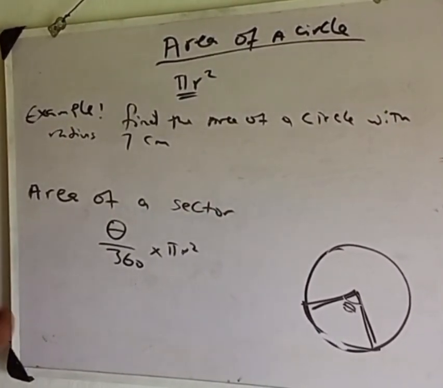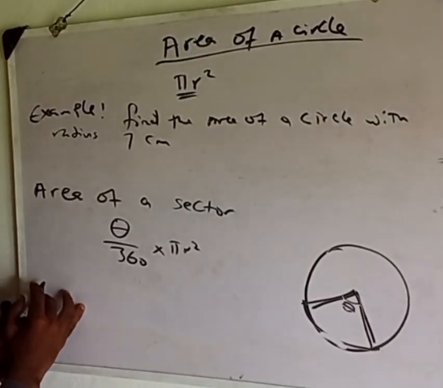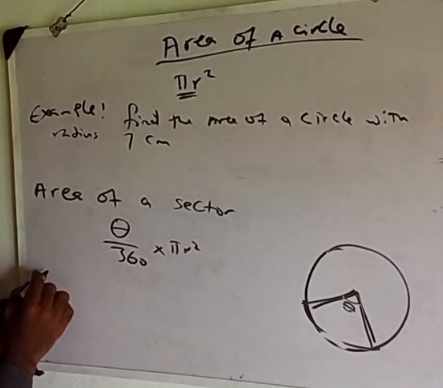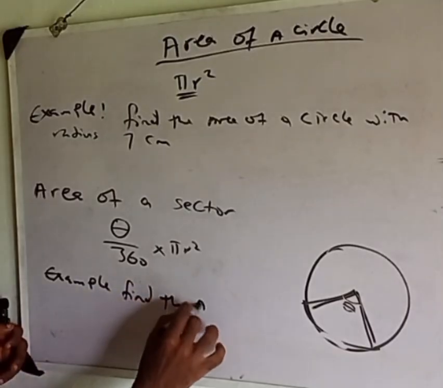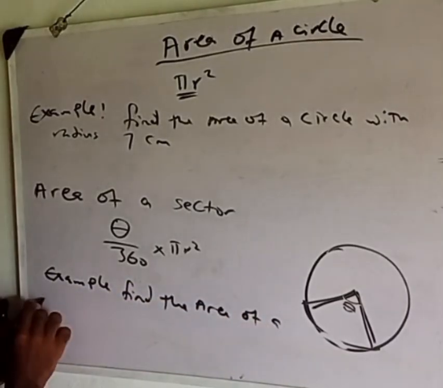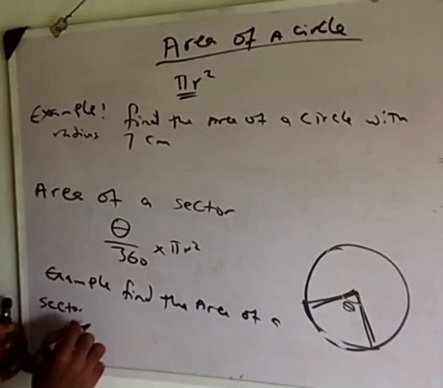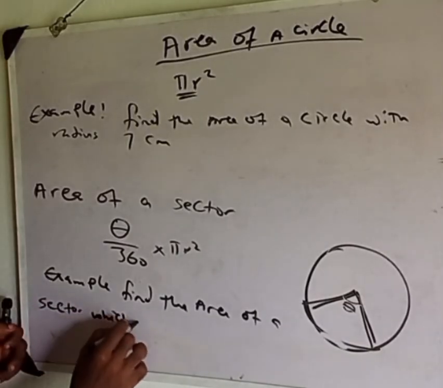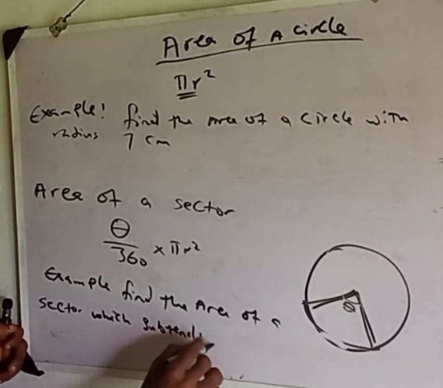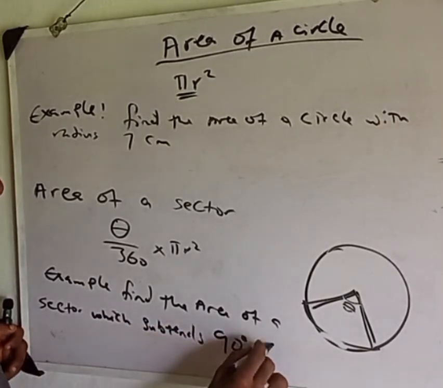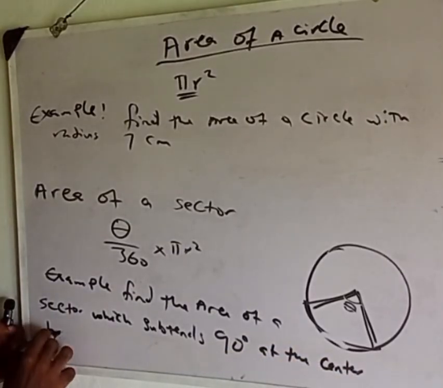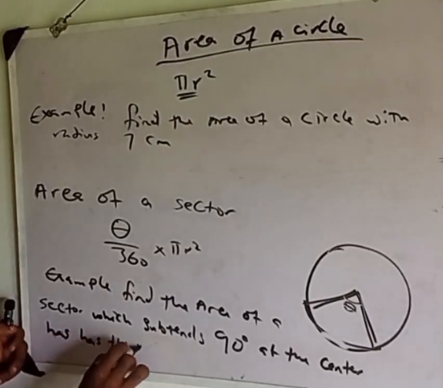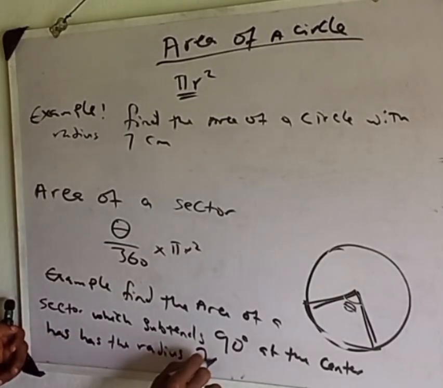So let me solve one example for us. Let's say find the area of a sector which subtends 90 degrees at the center and has the radius 7 cm.